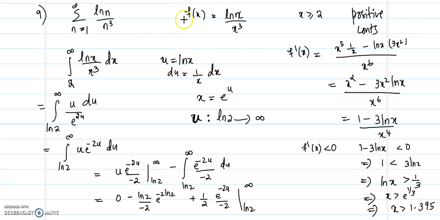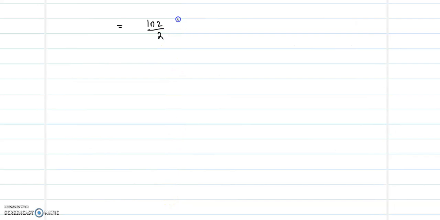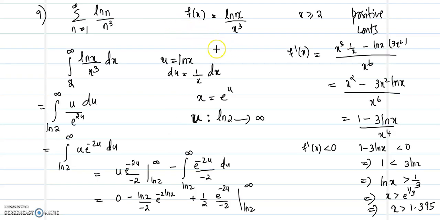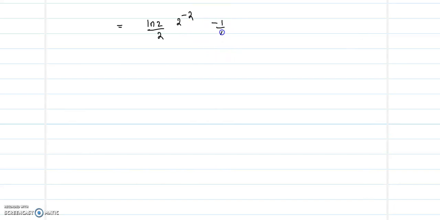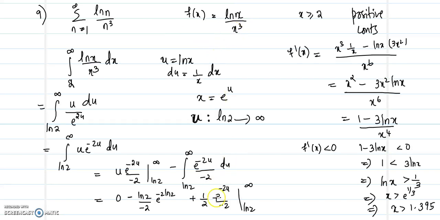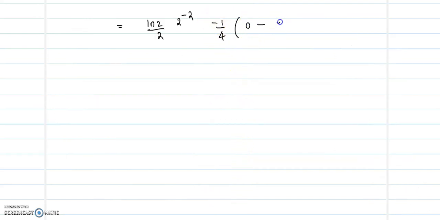So we will get (log 2)/2, and e to the minus 2 log 2, so e to the power log 2 raised to minus 2, so we will be getting 2 to the minus 2, and in the next term we will get minus 1/4, and again e to the minus infinity will be 0, so we will have 0 minus e to the minus 2 log 2.